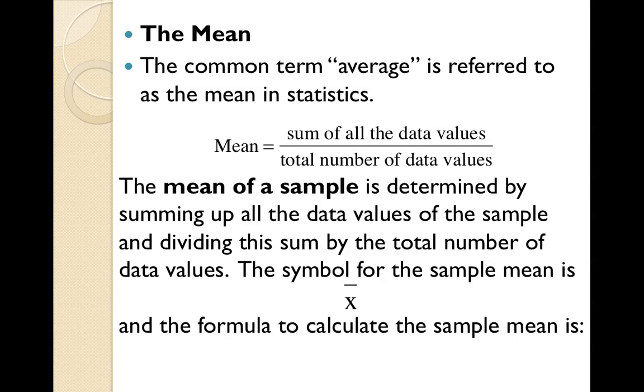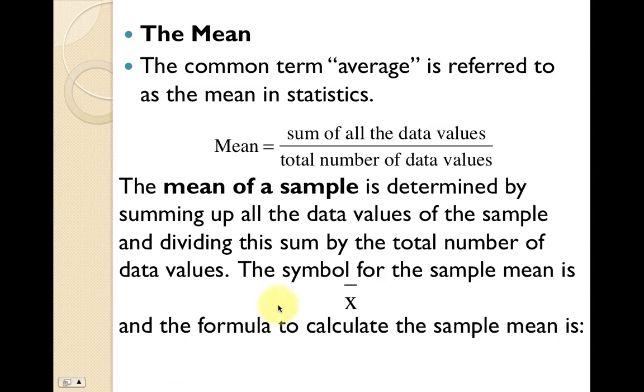The mean of a sample is determined by summing up all the data values of the sample and dividing this sum by the total number of data values. The symbol for the sample mean is x with a bar over it. We say x bar.